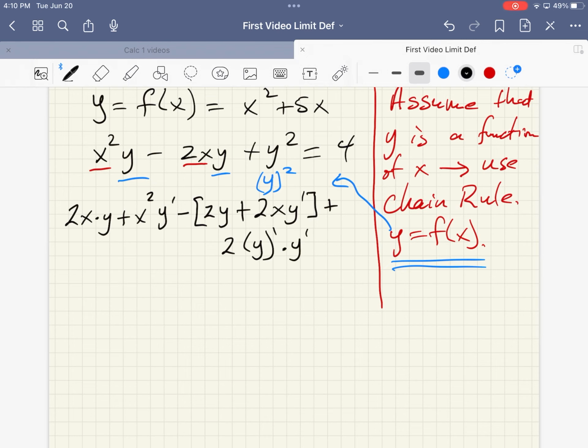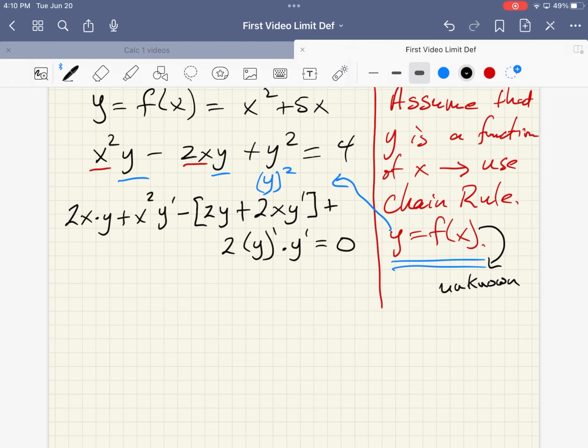And this is an example of where we're treating y as a function of x. We just don't know what function it is. You can think of it as a function of x that is just unknown at the moment. And then the derivative of 4 is just 0.